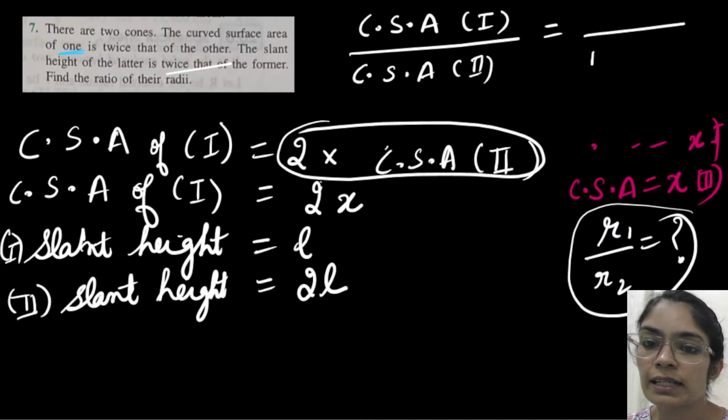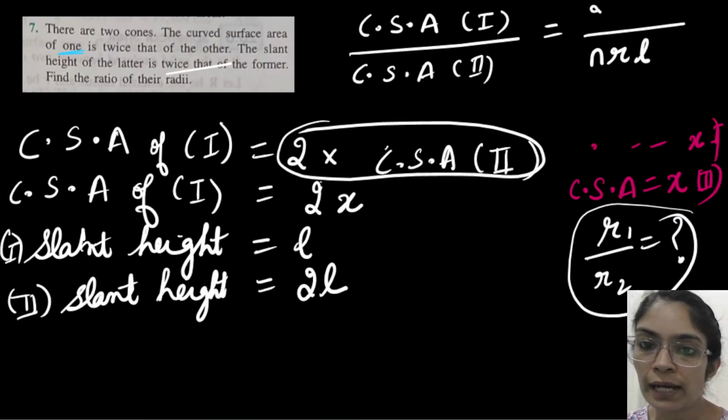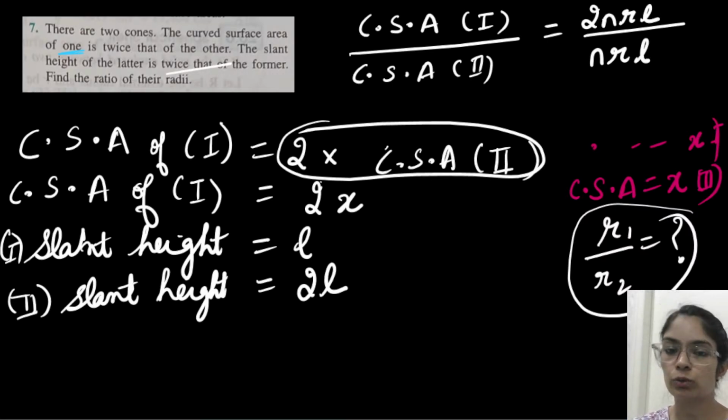Suppose the second one's area is what? Pi RL. So formula I am just writing because it's cone. So cone's formula is pi RL. So first one is 2 times of that. So 2 pi RL because it is 2 times. So now they have given us the information about slant height also. So slant height, they have given the slant height of the latter is twice that of the former.